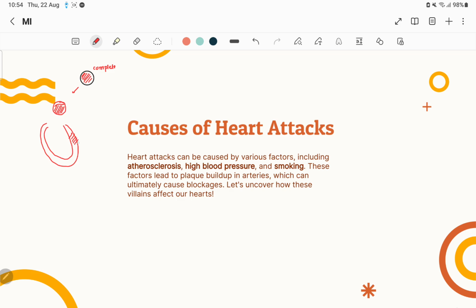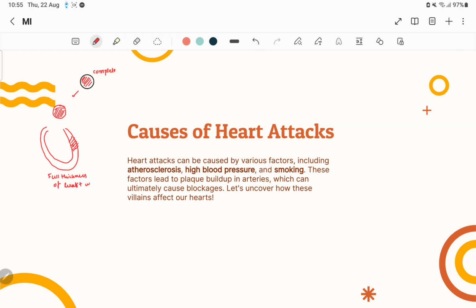There is a full thickness of the heart wall affected. So this type of infarct is called the transmural infarct.